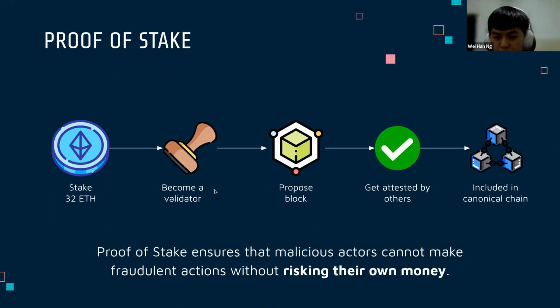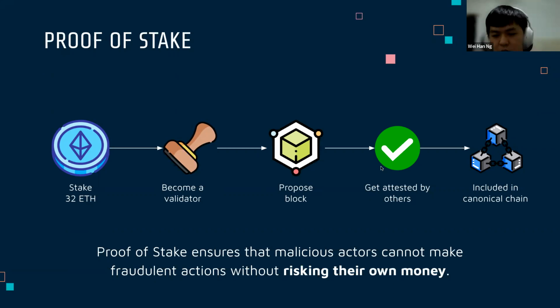When you become a block proposer, you can propose blocks to the network. Again, a block is basically a bunch of transactions. So when we say propose a block, it's nothing more than this validator bundling a bunch of transactions into a block and submitting this block to the network, right? Once you submit the block to the network, you get attested by others.